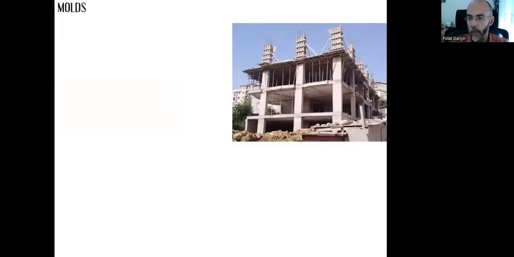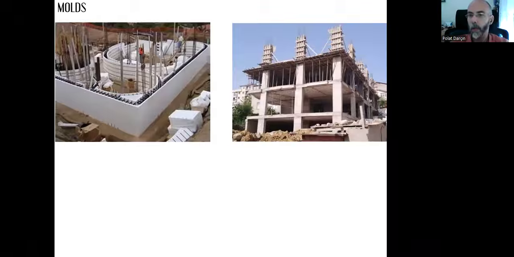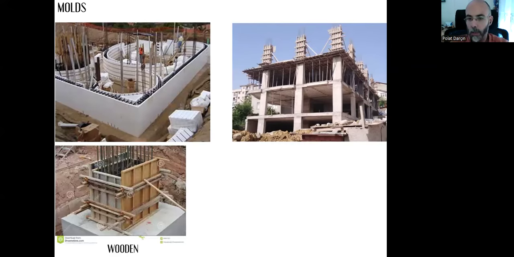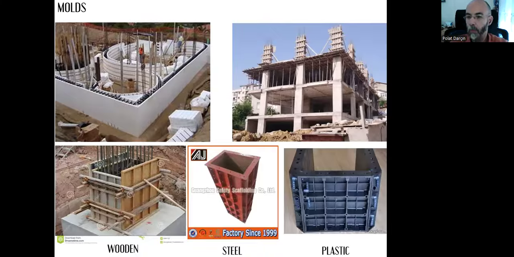We see that these molds can be in different shapes. The voids will be filled with concrete, so whenever the molds are removed, we will have this final shape. We need these molds, and they can be made out of timber, steel or plastic. The important thing with the molds is they need to be reused over and over again.